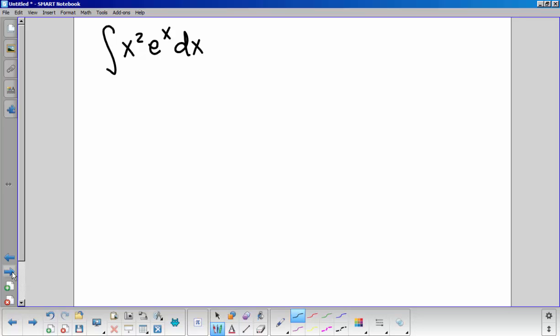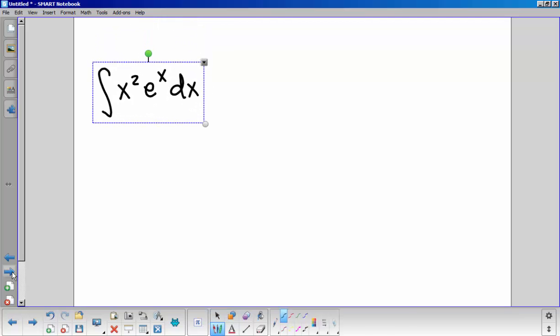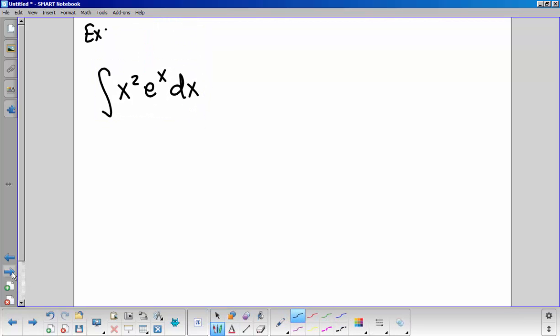All right, so the integral of u dv equals uv minus the integral of v du.